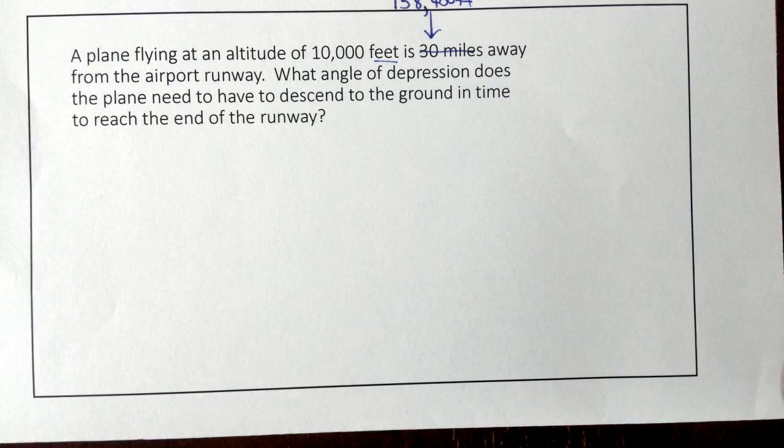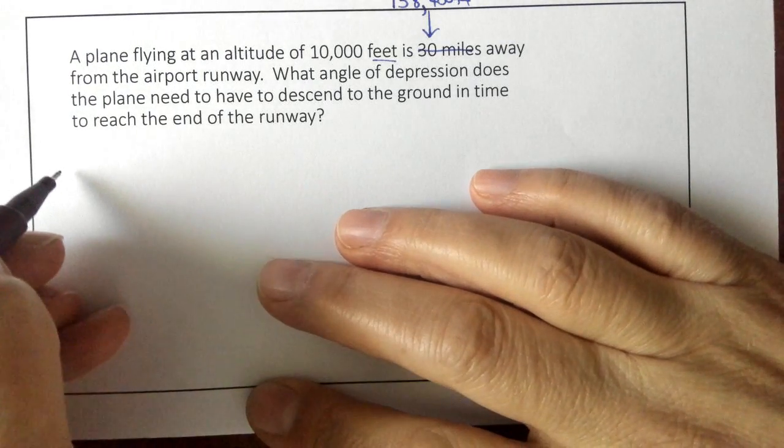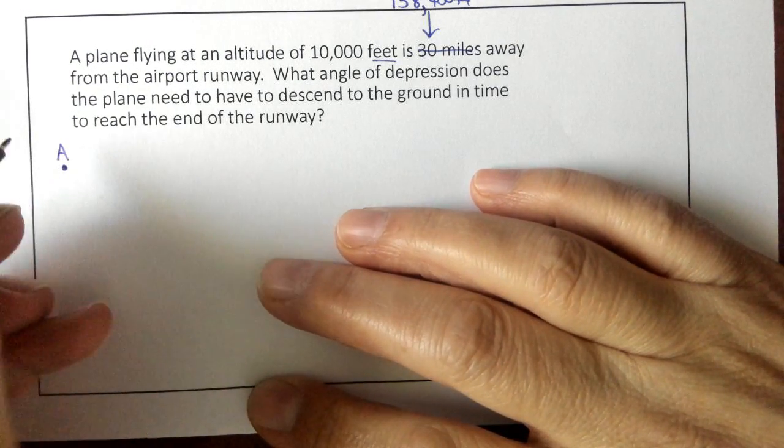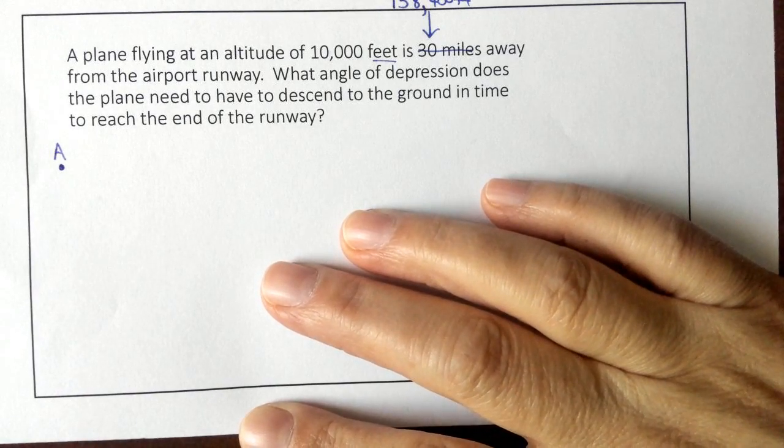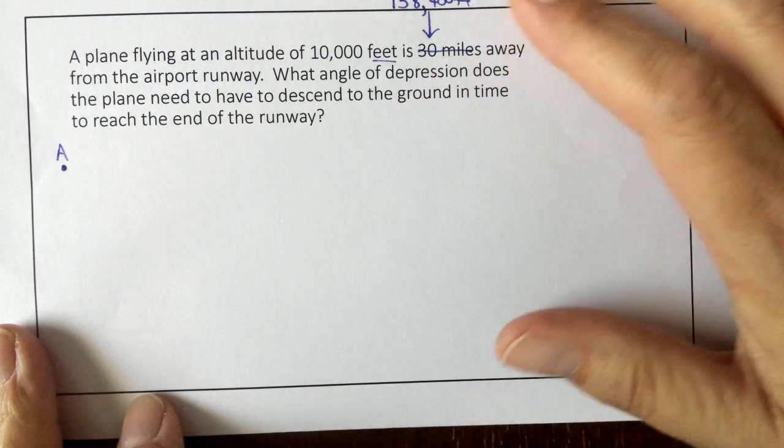What angle of depression does the plane need to have to descend to the ground in time to reach the end of the runway? Okay, I need a picture before I can do anything else. So I have an airplane up here. A is for airplane. I would draw you a picture of an airplane, except that I'm a really terrible artist and you guys already know that.